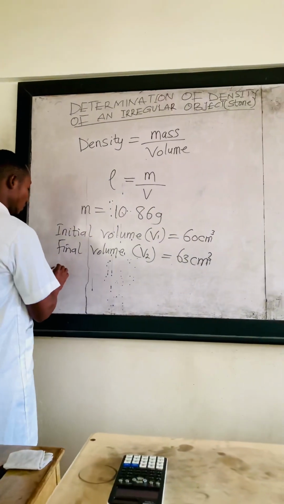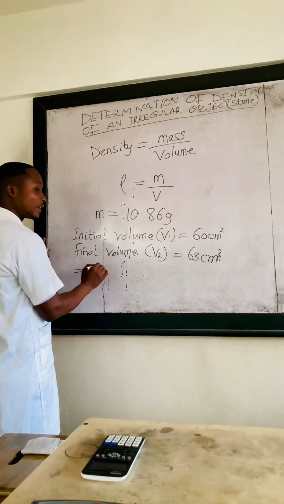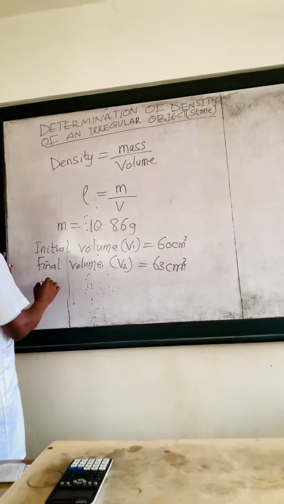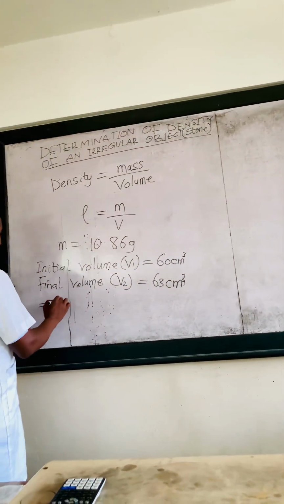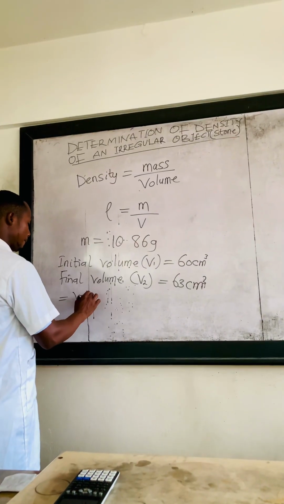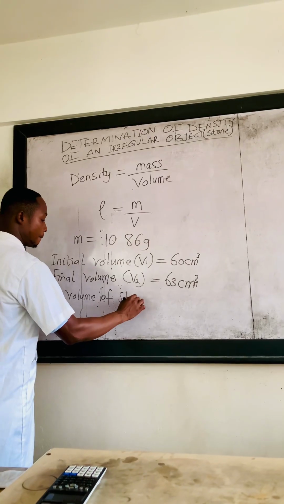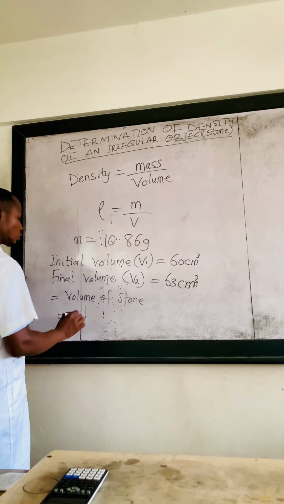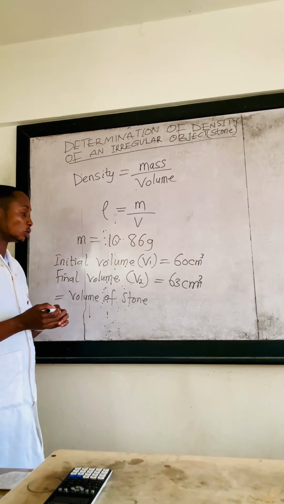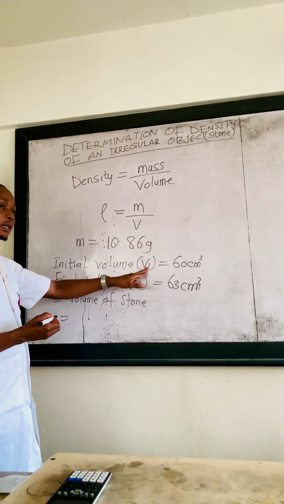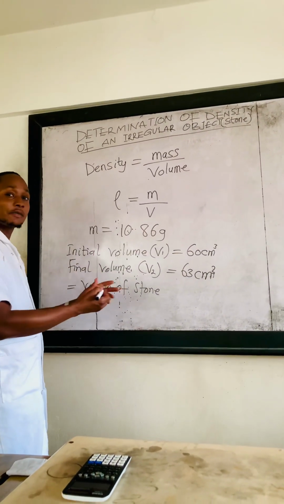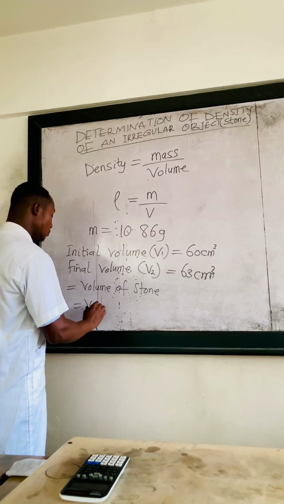So the volume of stone alone is equal to what? We just subtract volume 1 from volume 2, initial from final. So V2 minus V1.